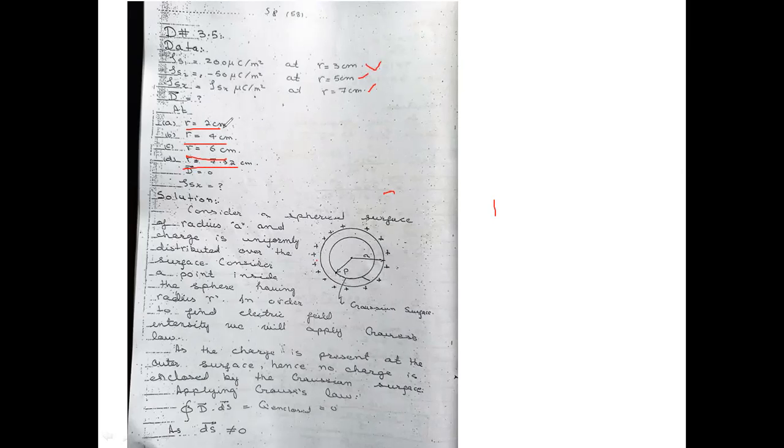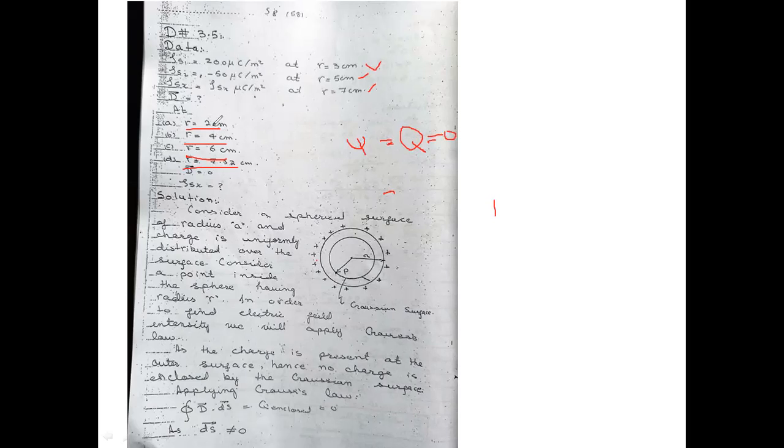If we have the point of observation inside the inner conductor, the Q will be equal to 0, because according to Gauss's law, psi will be equal to the charge enclosed. So if the point of observation is inside the inner conductor, there will be no charge enclosed in that Gaussian surface, so this will be equal to 0.